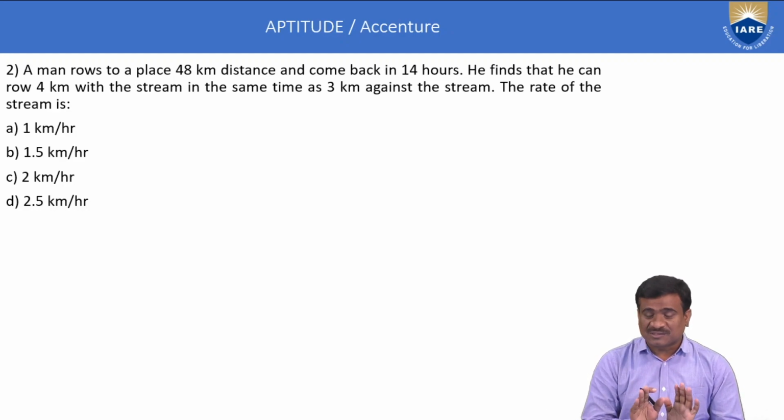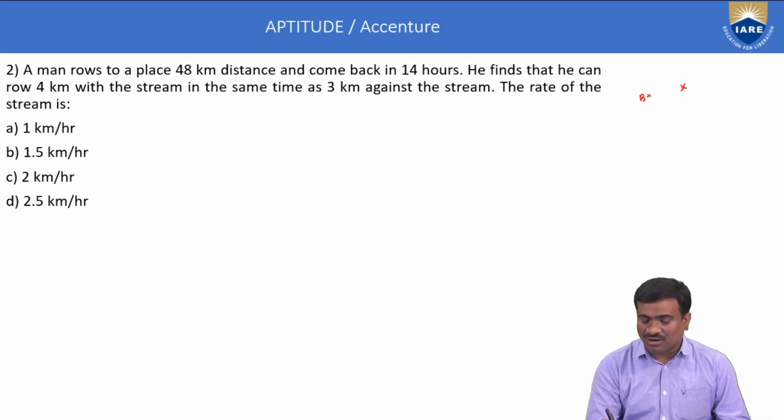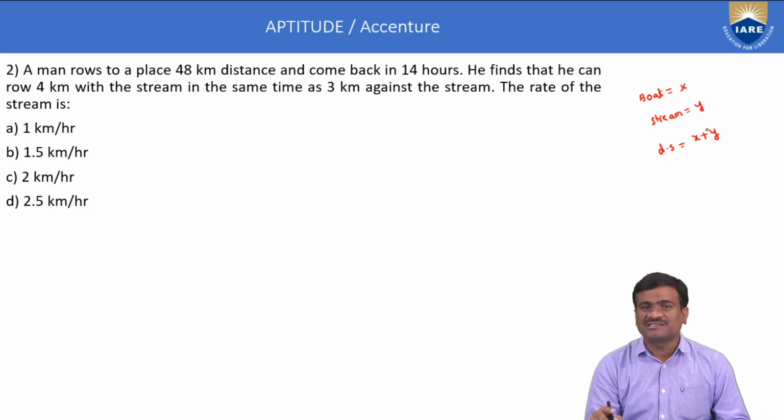Next, if the speed of a boat or a man is x kilometer per hour, and the speed of a stream or water is y kilometer per hour, then the speed of a downstream is x plus y kilometer per hour, and the speed of an upstream is x minus y.